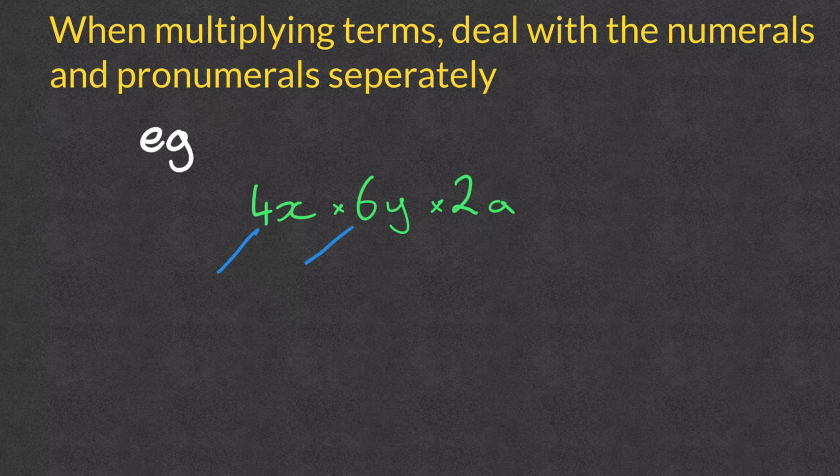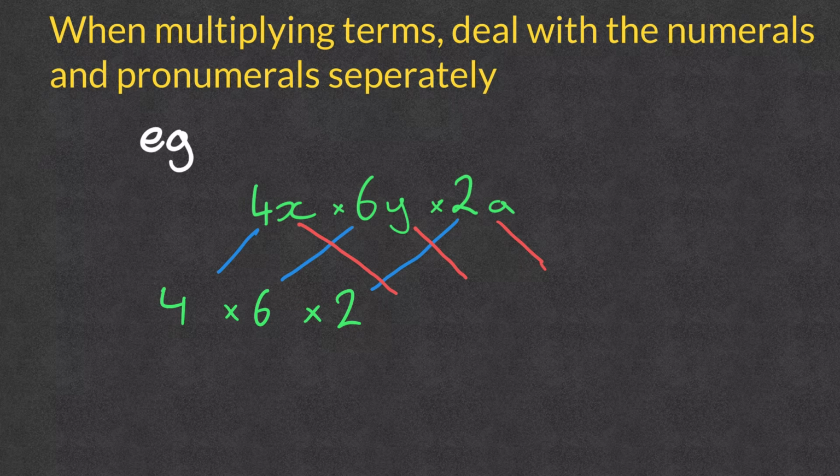Let's bring all our numerals over this side, and that turns into 4 times 6 times 2. And let's bring all our pronumerals over this side. Now that turns into x times y times a.